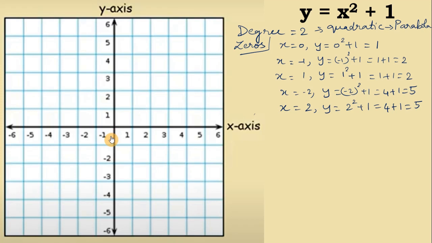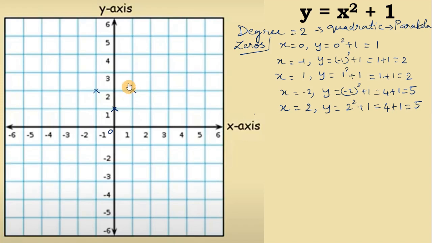So now we'll substitute the values. For x is equal to 0, your y value will be 1, so it's going to be here. For x is equal to minus 1, your y value is 2. For x is equal to plus 1, your y value is again 2.